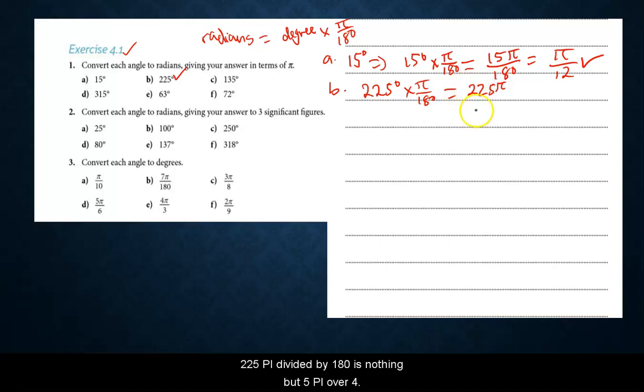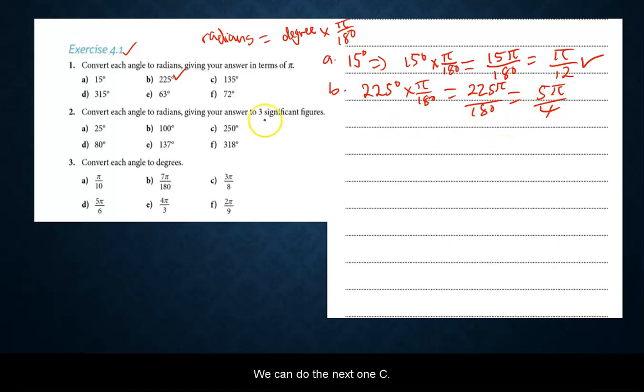225 pi divided by 180 is nothing but 5 pi over 4. We can do the next one, C. If we do C, you have 135 degrees, multiply this by pi all over 180.